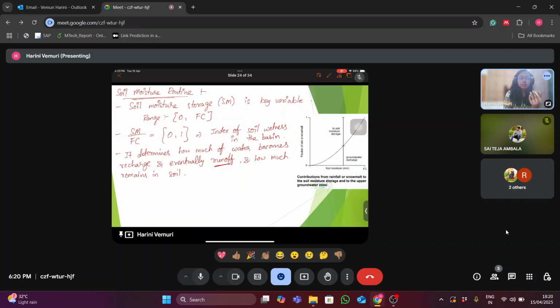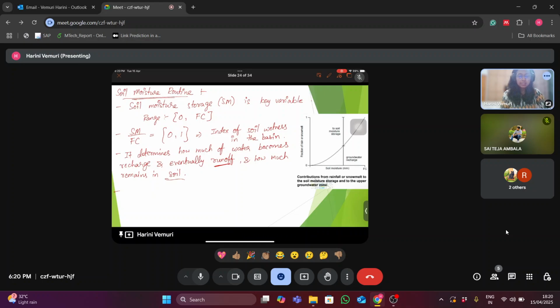And based on this SM by FC value, if it is full, that means the soil is completely wet, right? So that's where we get an idea of all these three variables if we have the SM by FC value.